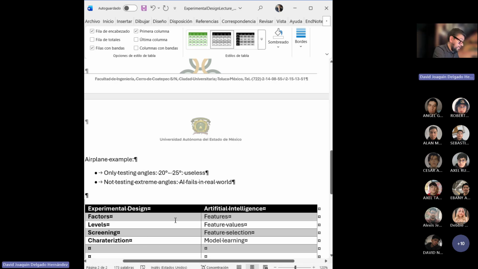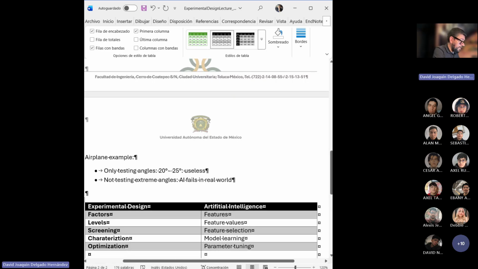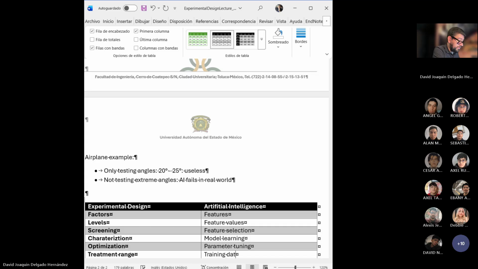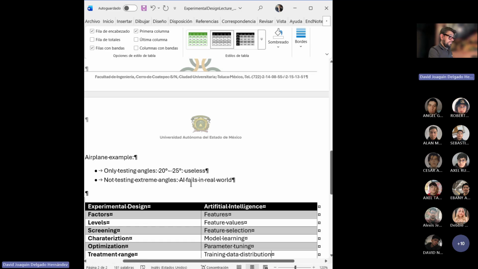Then we are talking about optimization, which is the parameter tuning. And finally, we are talking about the treatment branch, which in artificial intelligence would be the training data distribution. Okay.